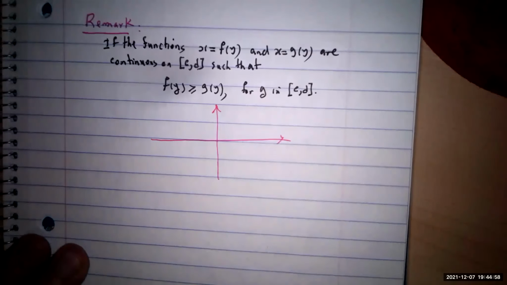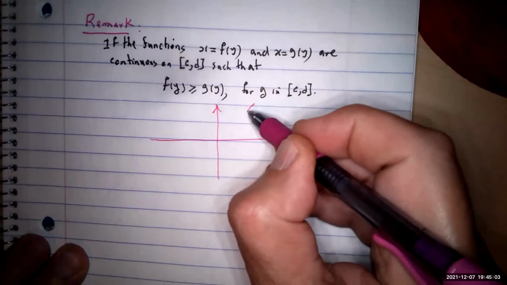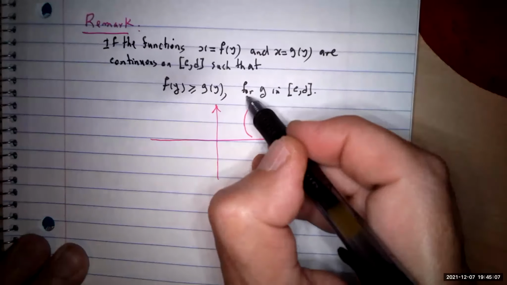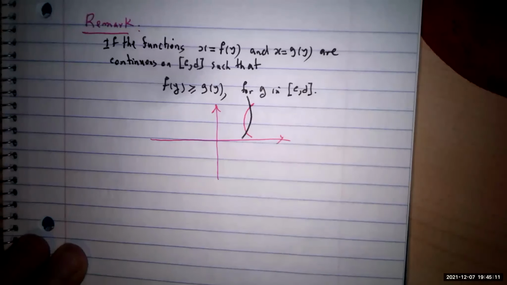If you graph it, your curve is going to be in this form. This is going to be one of them, for example, and this is going to be the other one, because you switch the x and y coordinates.